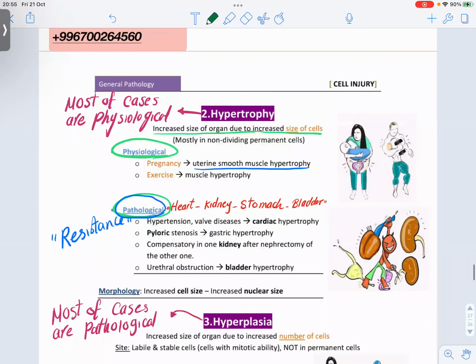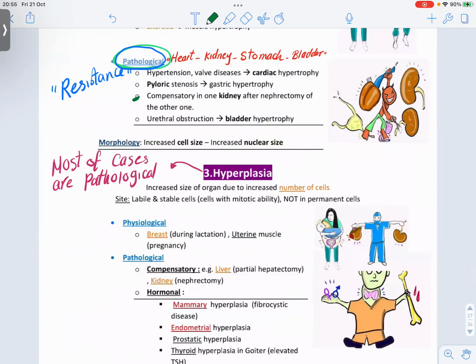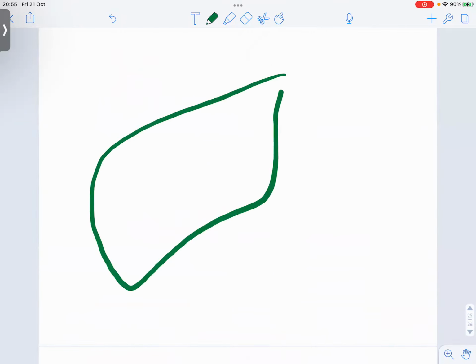Also, here there's another example, but some books and some references consider that this example is physiological, and some books consider it pathological. It's compensatory. It happens in the kidney and liver. For example, here the liver, and you know that the liver has 4 lobes.